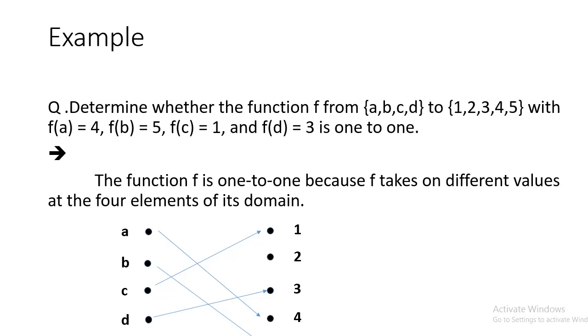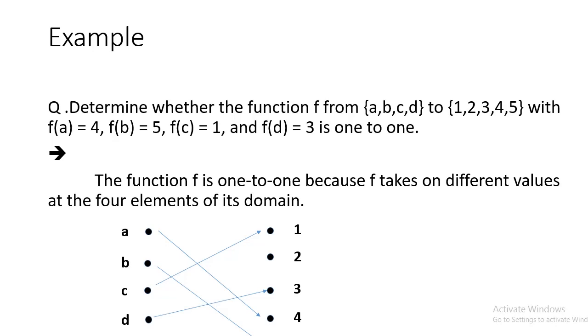So see here the solution. The function f is one-to-one. Why is it one-to-one? Because f takes on different values at the four elements of its domain. The left side elements, a, b, c, d, are called the domain, and 1, 2, 3, 4, 5 on the right side are the corresponding images.